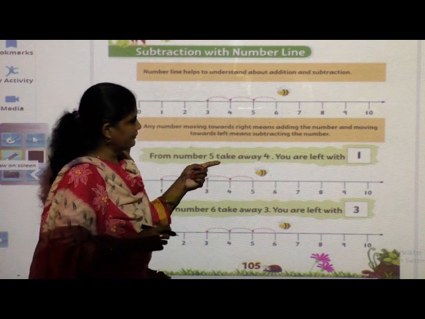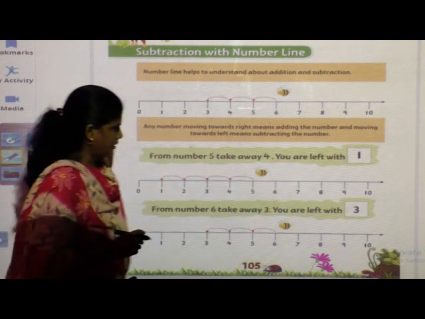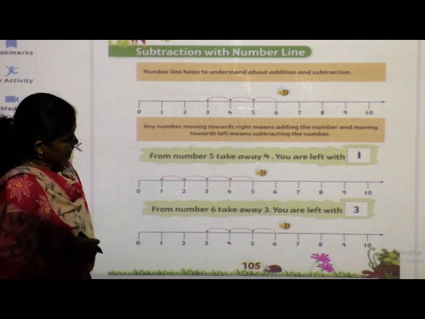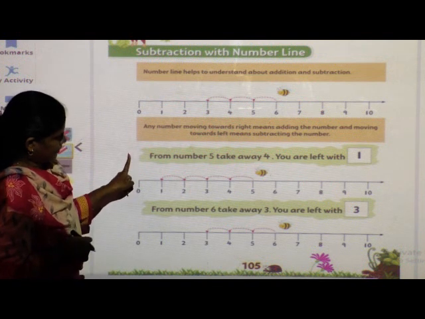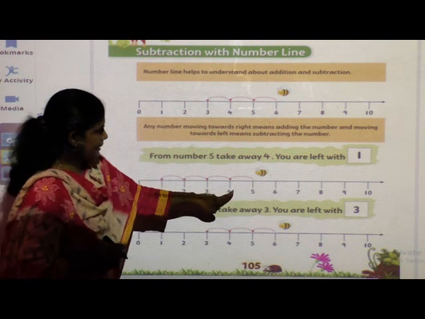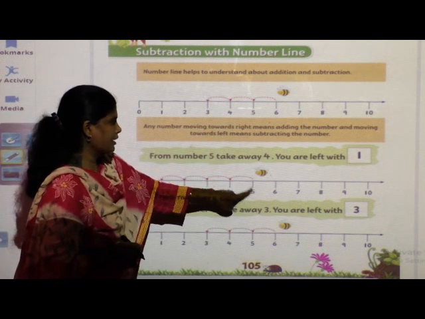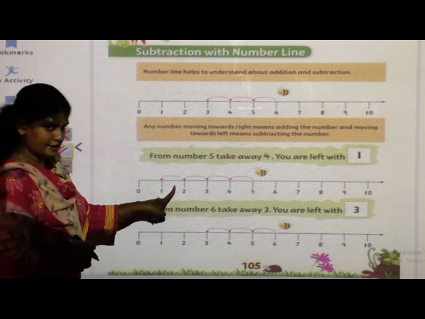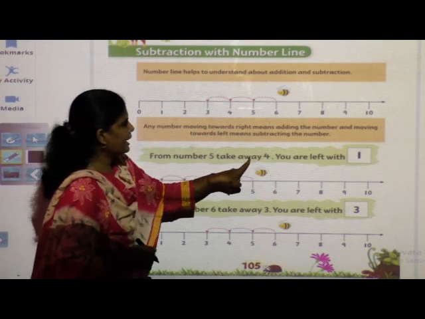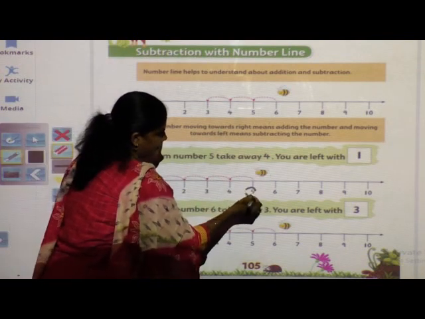From number 5, take away 4. You are left with 1. So what do we have to do here? See, here they have already done it for us. 5, take away 4. This is number 5.